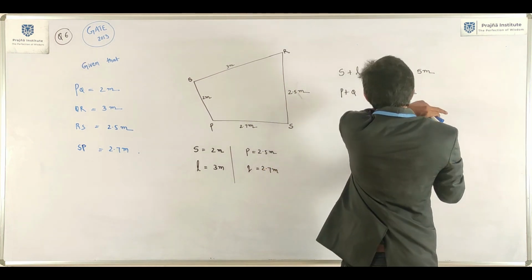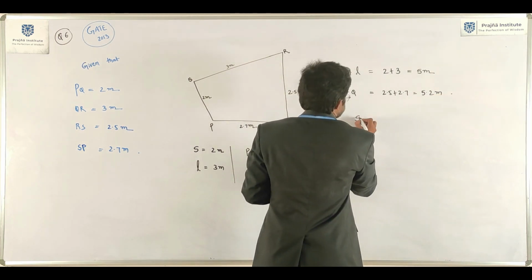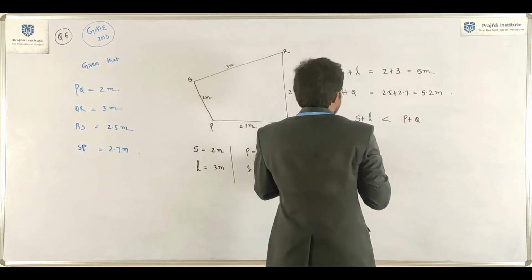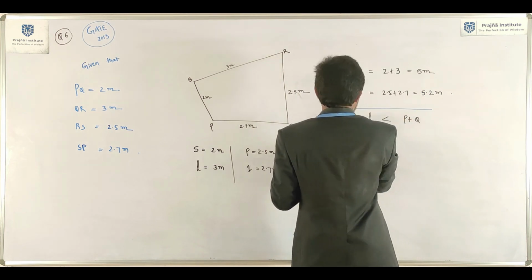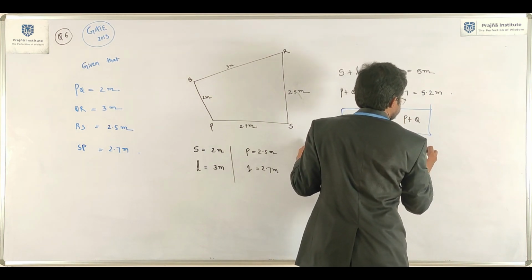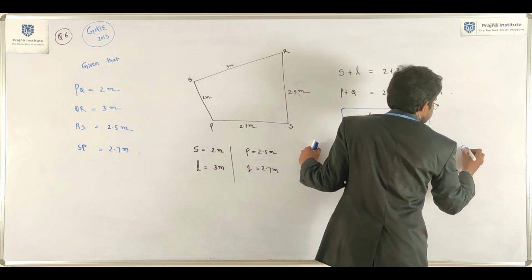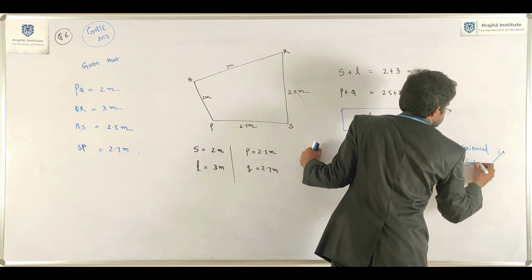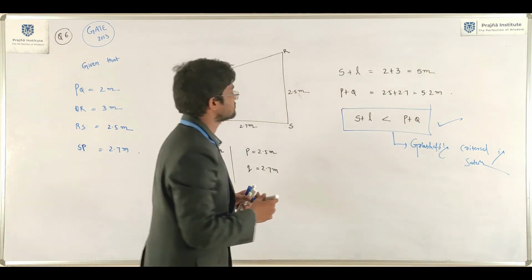That means how much will you get? 5.2 meter. S plus L less than P plus Q. Grashof criteria is satisfied. Okay.